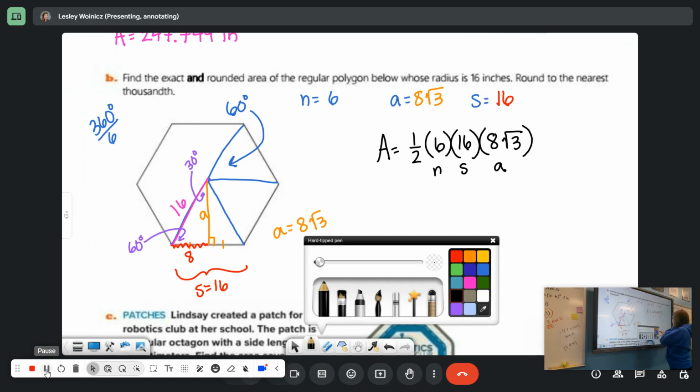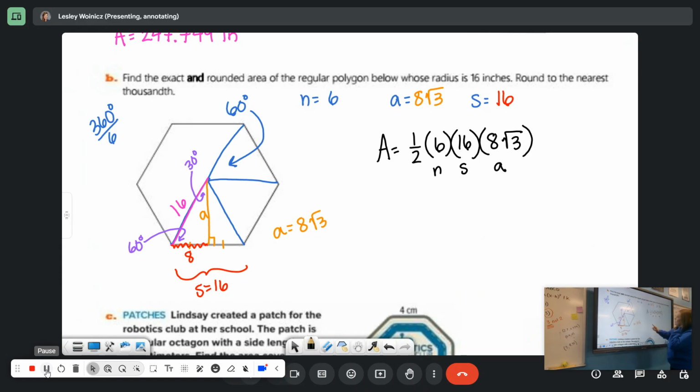Okay, so we can just put that in the calculator. We're going for the exact one first.